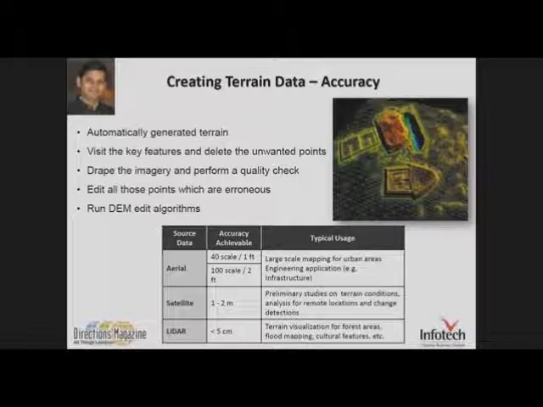Once editing is completed, you can drape the DTM, that is the terrain model, on the imagery and perform quality checks for relative accuracies, also using ground checks for the absolute accuracies. Once checks are completed, process the data through various smoothing algorithms to produce an aesthetically pleasing and spatially accurate DEM.